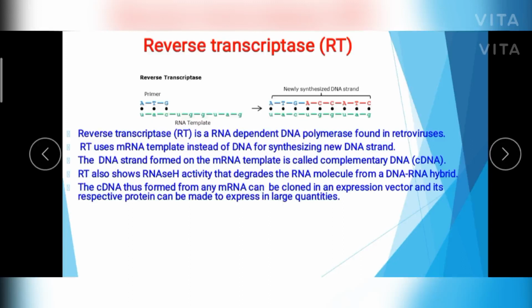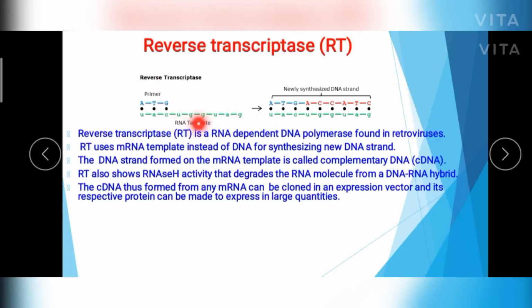So this reverse transcriptase is used in RT-PCR experiments. Of all the examples, we will be learning this one in particular, reverse transcriptase. This is an RNA dependent DNA polymerase. This enzyme is extracted from retrovirus, and the reverse transcriptase takes the RNA molecule as a template, as a base for the synthesis of DNA.